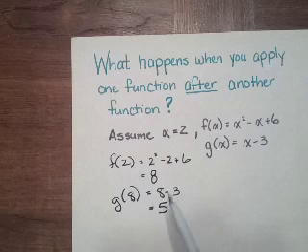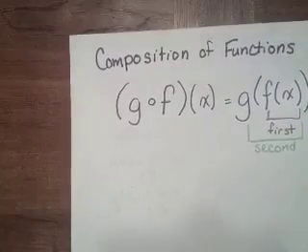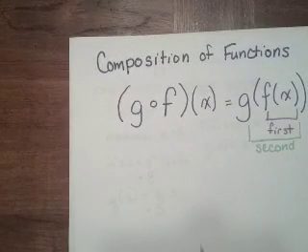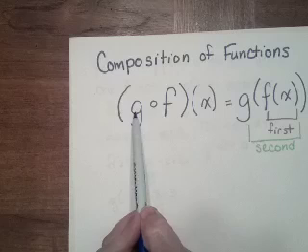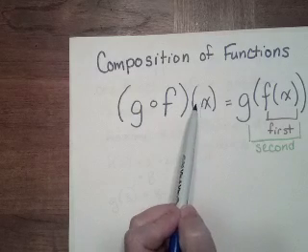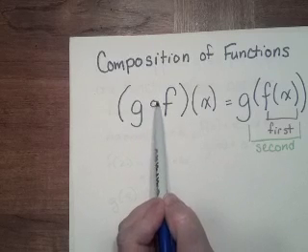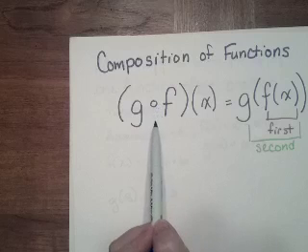So sometimes I could take what I get and plug it into there. When I do that, it's called a composition of functions. And this means I have g composed of f of x. The function g composed of, that's a little tiny 0, it's supposed to not look like a multiplication symbol.